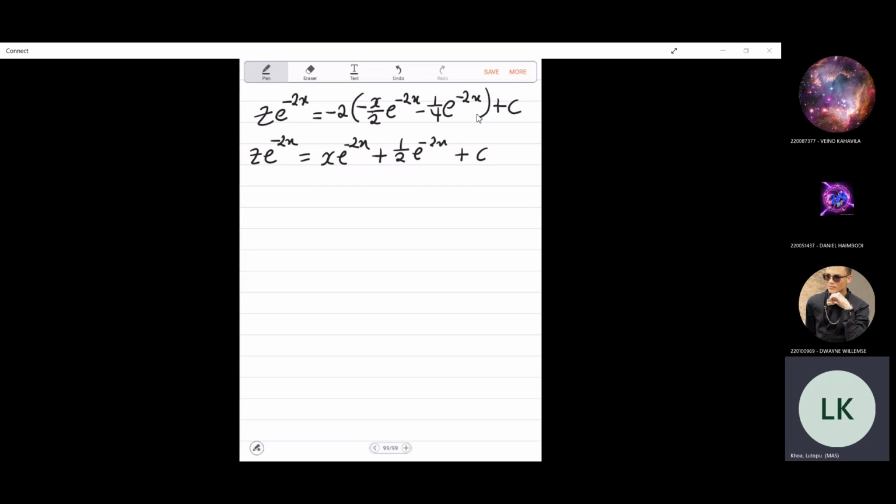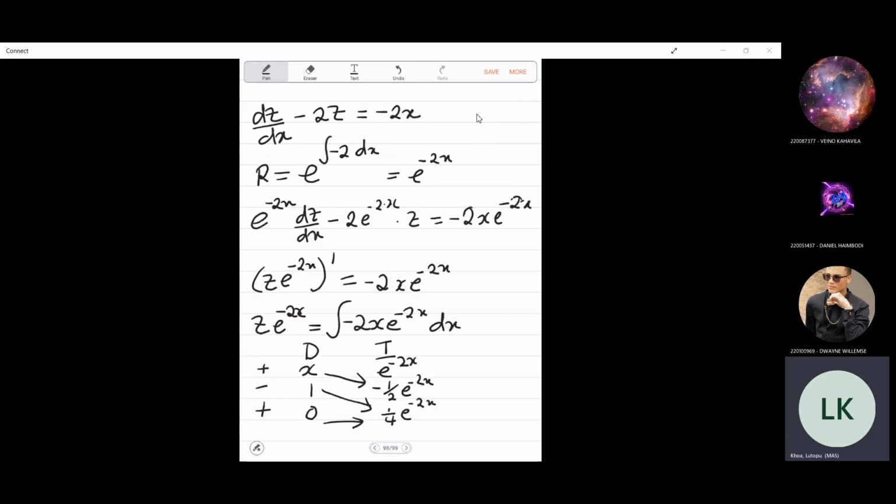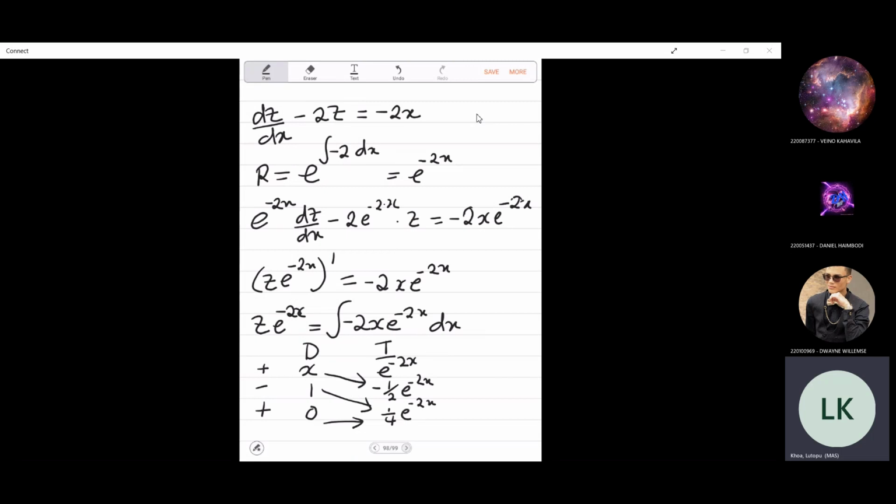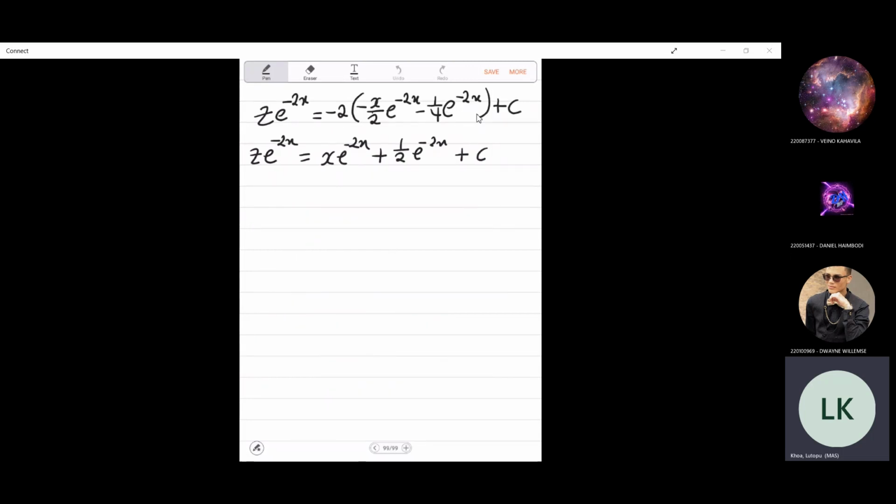Okay, so remember z was not there in the question originally, so we need to replace that in terms of y. So z was 1 over y squared. So we have e^(-2x) over y squared.